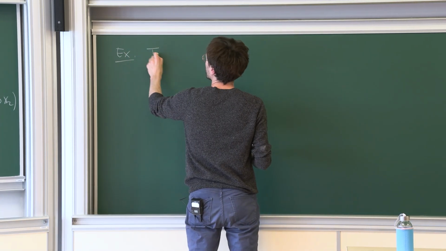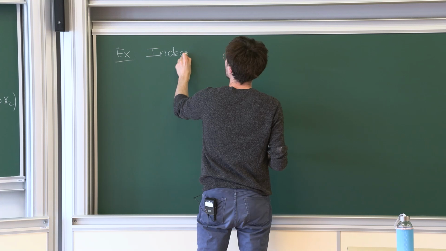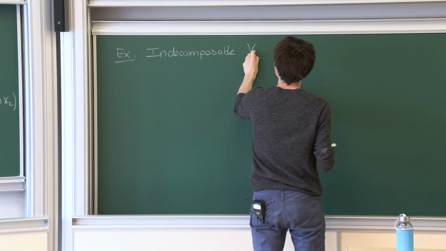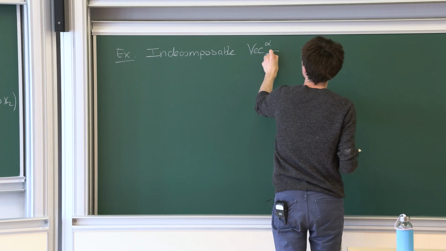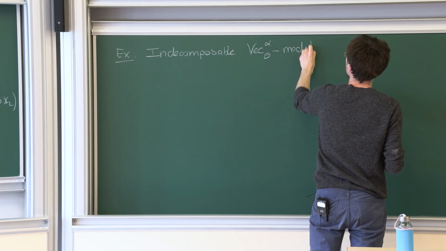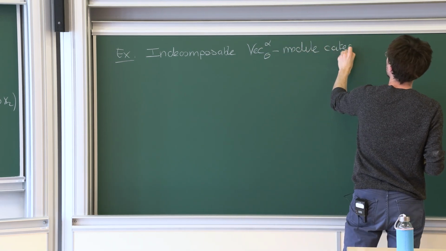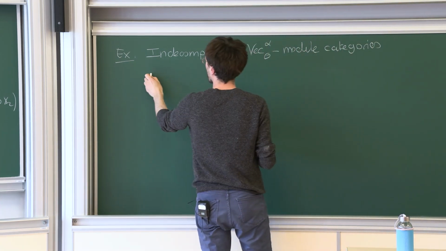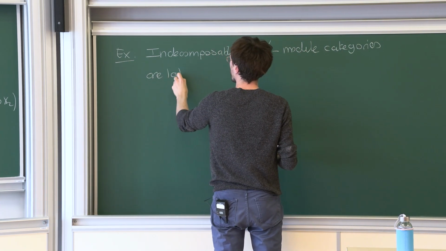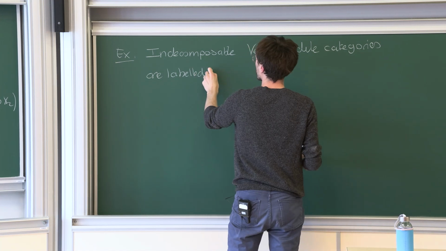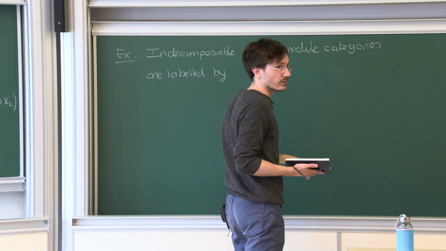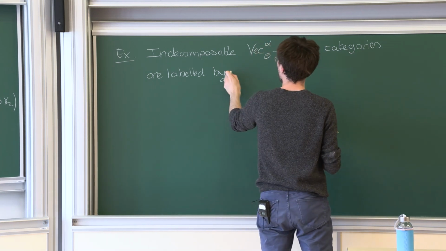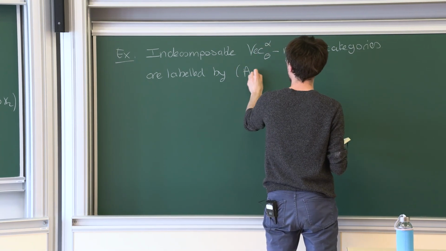So the indecomposable Vec G alpha module categories, it's also a result by Ostrich. Well, it's very similar. They are labeled by a subgroup, and the fact that it's very similar is not a coincidence, and we will see that maybe today or on Friday.